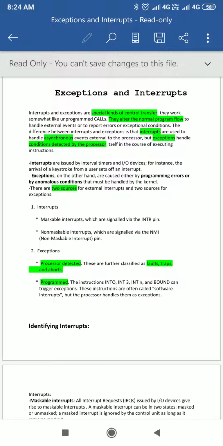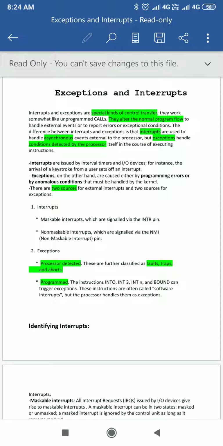What does that mean? Interrupts. When an interrupt occurs, the processor has to stop its current execution and serve the interrupt first, and then will resume its regular task.